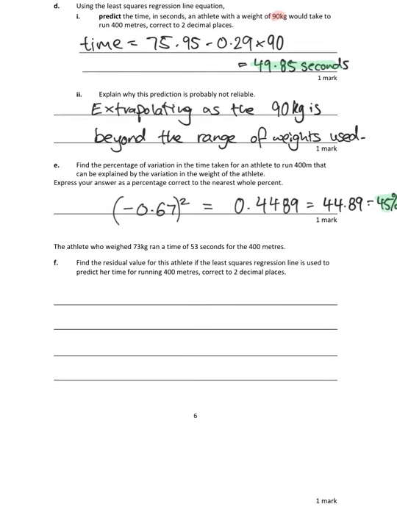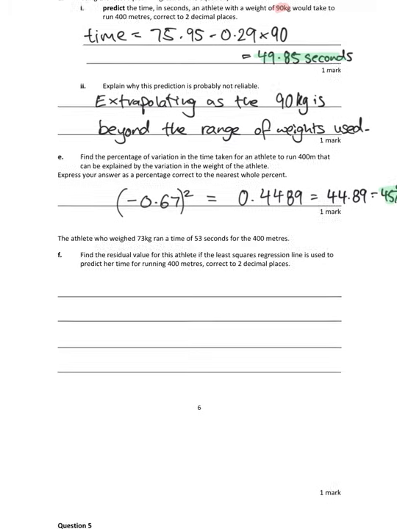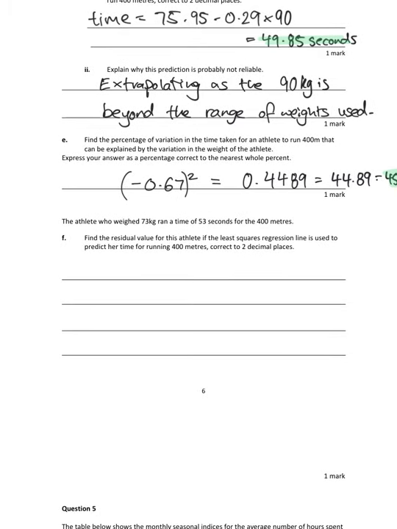Okay, the athlete who weighed 73 kilograms ran a time of 53 seconds for the 400 meters. Find the residual value for this athlete if the least squares regression line is used to predict her time for running 400 meters, corrected to 2 decimal places. So if you're trying to find the residual, guys, you've got that equation. The residual equals the actual value minus the predicted.